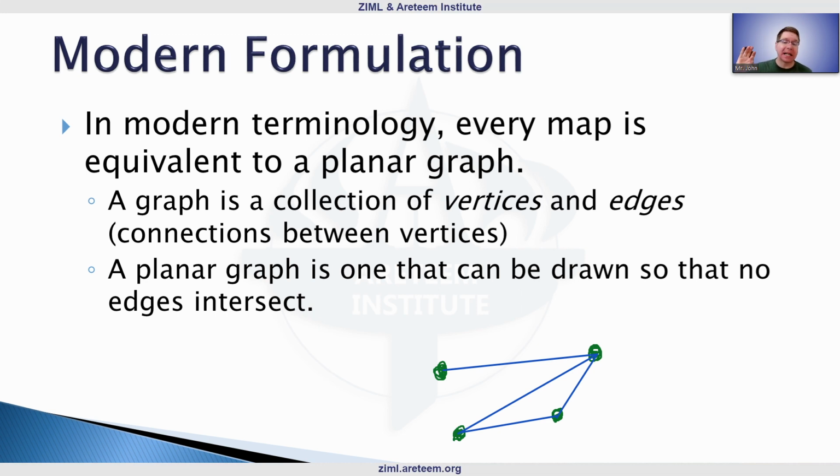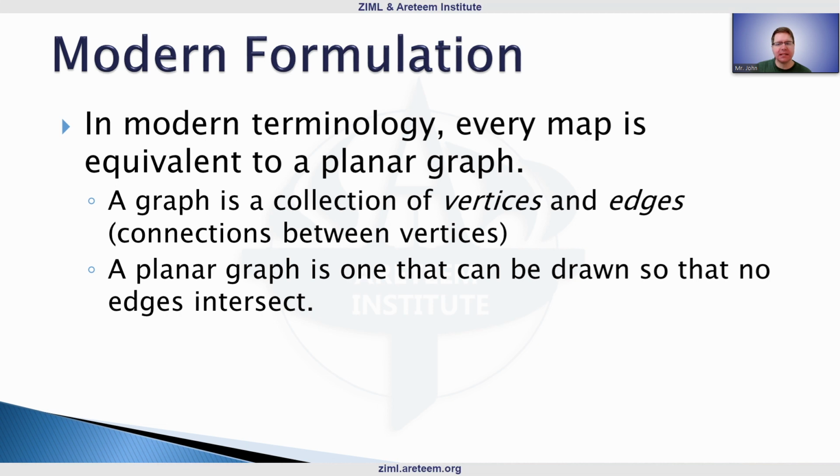I will come back to this can be drawn in a little bit here as well. But for now, let's just think of it this way, and it should be pretty clear, but we will give an example with converting a map to a graph in a second as well.